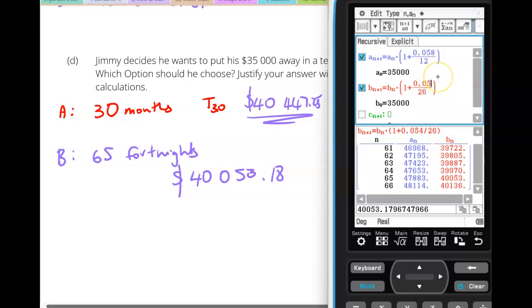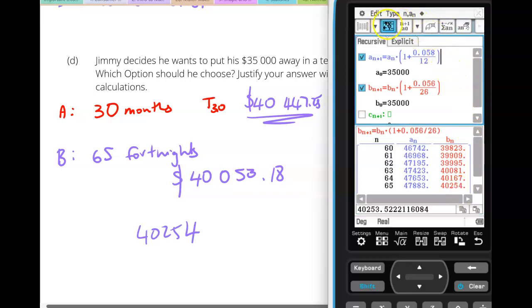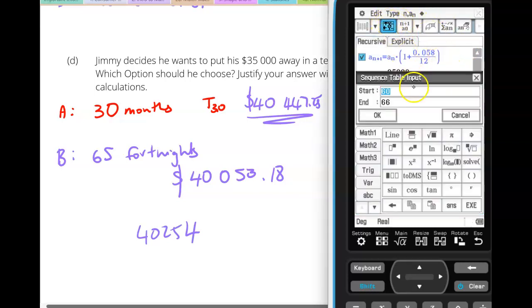If I change that to a 6, for example, just out of interest, just want to show you, after 65 fortnights, we get 40,254. You don't need to write this down. And then if we go back, set up my table, I need 30 months.